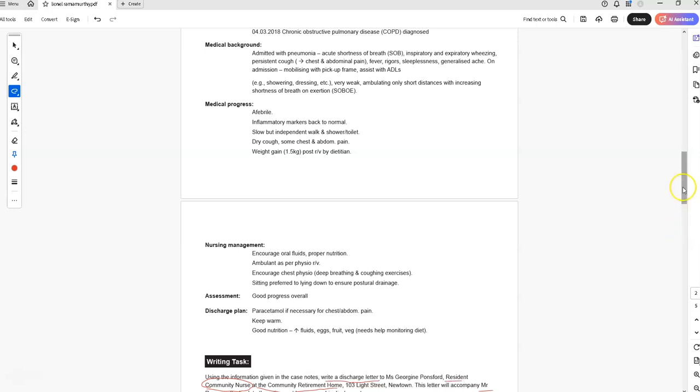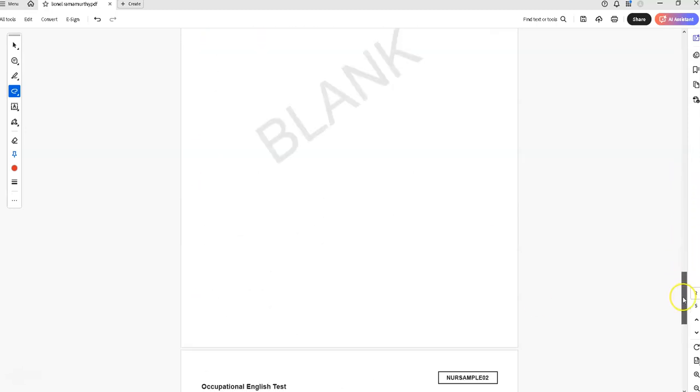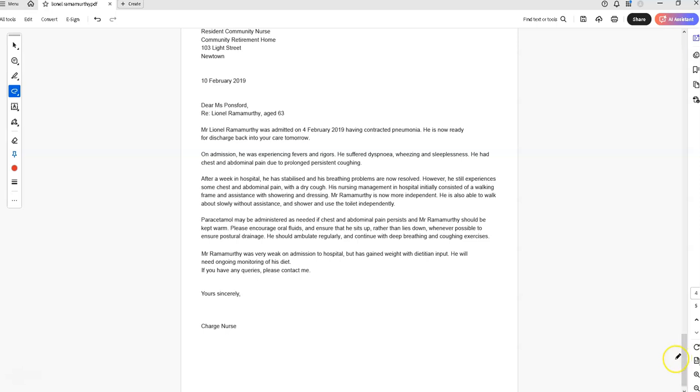So let's have a quick look at a sample. Now these samples are not usually too bad. They give you a general guide. So Mr Ramamurti, right now I wouldn't put that because the nurse would know this information.